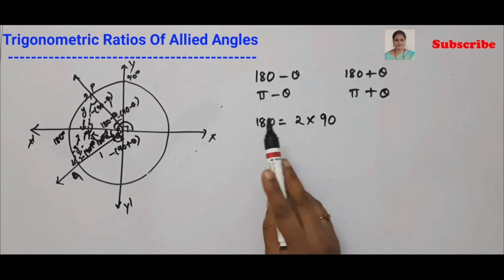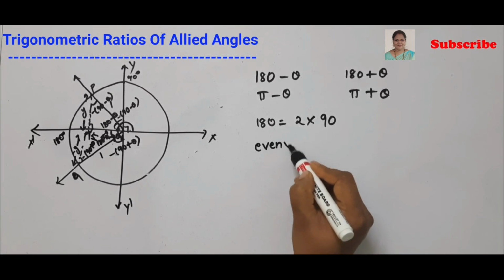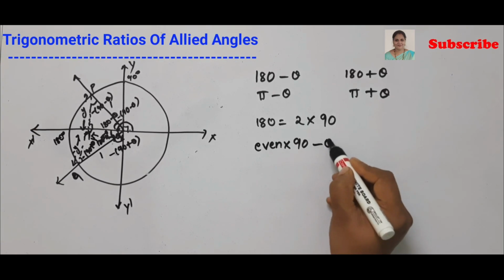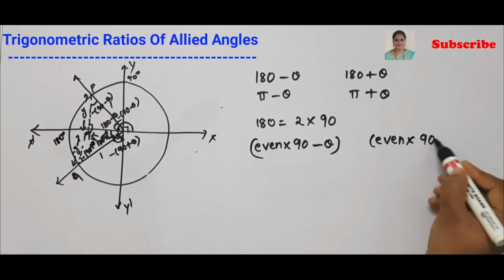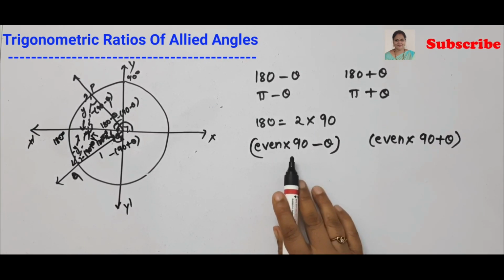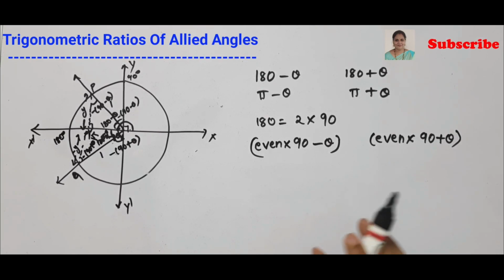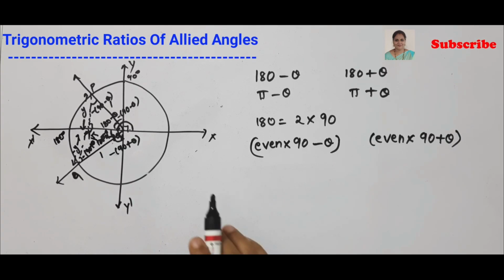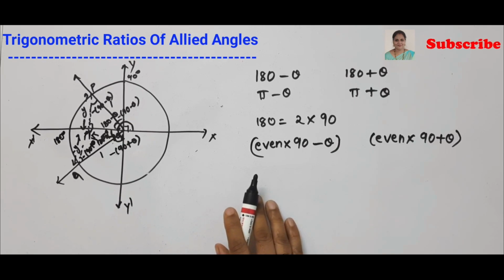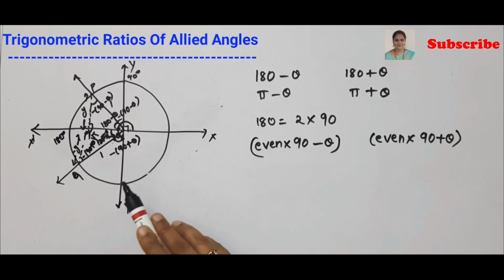So, if you take any angle which is an even number into 90 minus theta or even number into 90 plus theta, there will be no change in the trigonometric ratios. The trigonometric ratios remain the same, only depending on which quadrant the angle is in, there will be a change in the signs. Depending on the quadrant, the sign changes, but the trigonometric ratios remain the same.